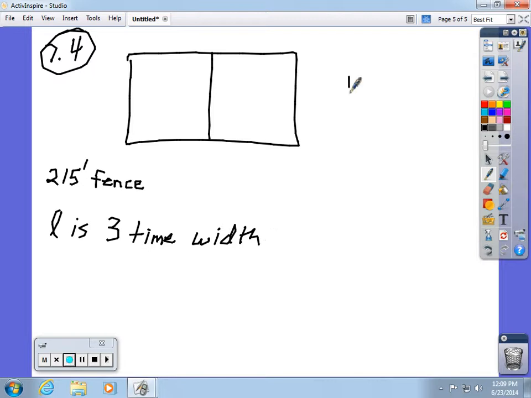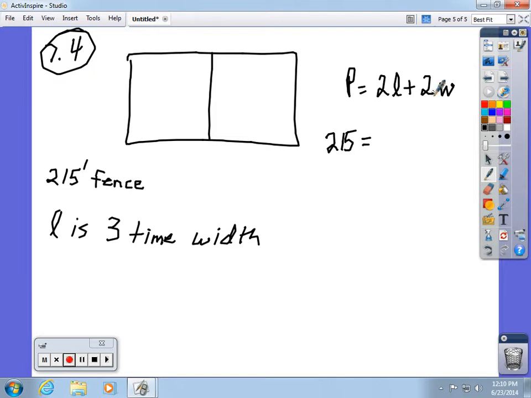So P is equal to 2L plus 2W. And what are we given? We're given the perimeter, which is 215, right? He needs to know this length, and this length, and that's supposed to be 3W.